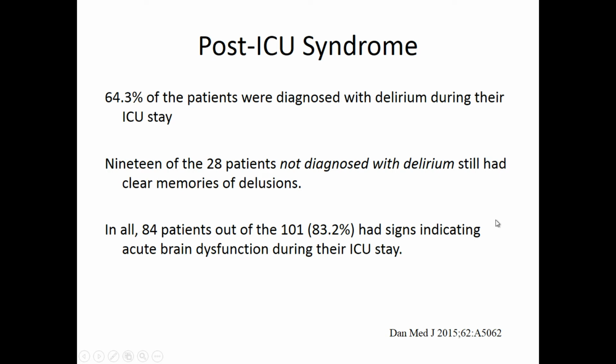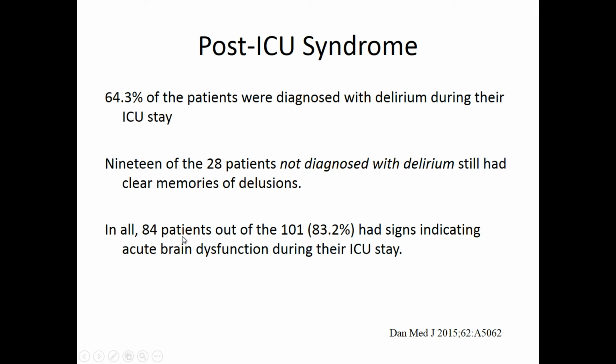This was just one interesting study from a Danish group that has a post-ICU clinic, and what they found was that 64% of their patients referred to their clinic with post-ICU syndrome had been diagnosed with delirium, but 19 of the other 28 who were not diagnosed with delirium still had delusional memories, suggesting either they were undiagnosed and did have delirium, or perhaps just had subsyndromal delirium.